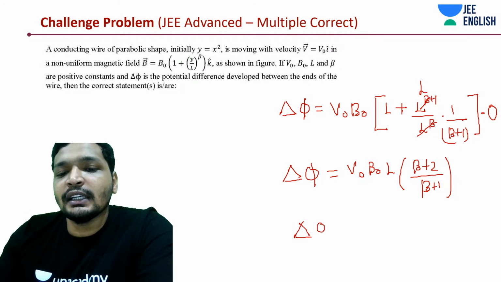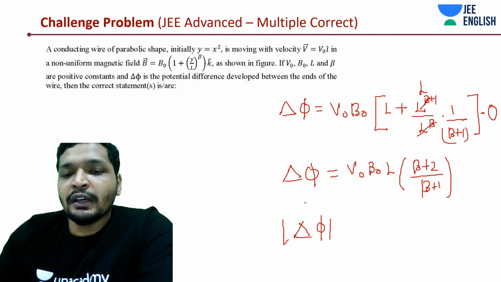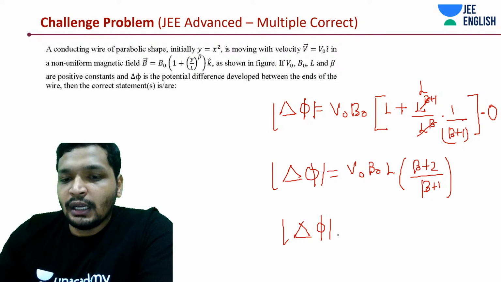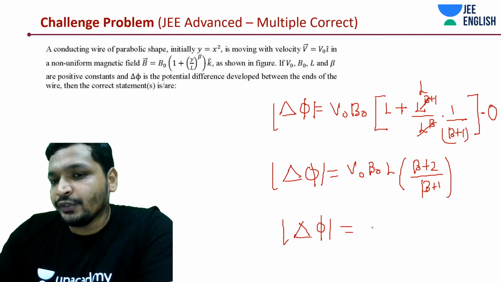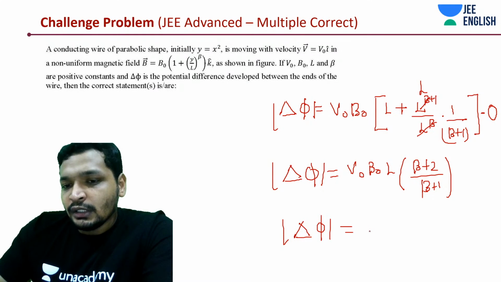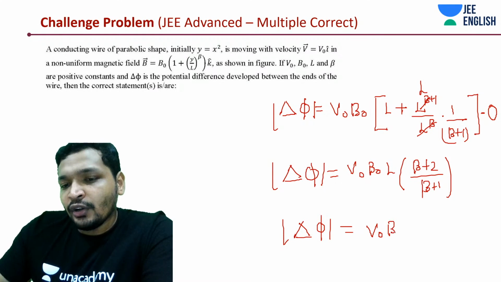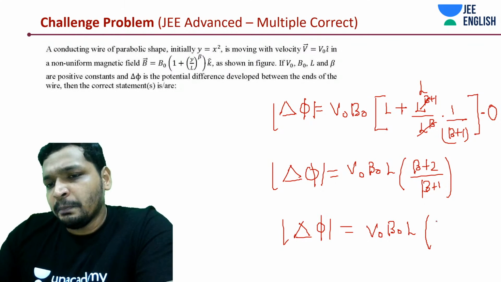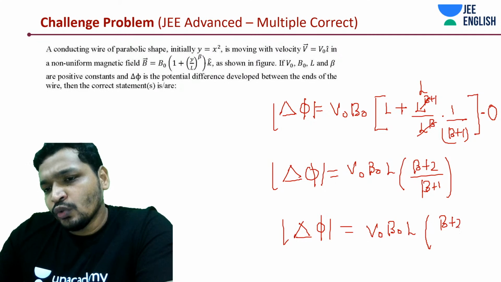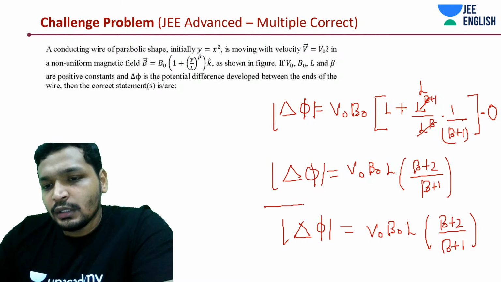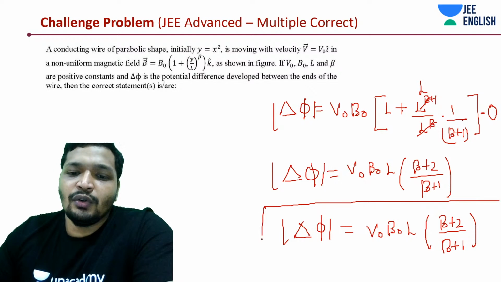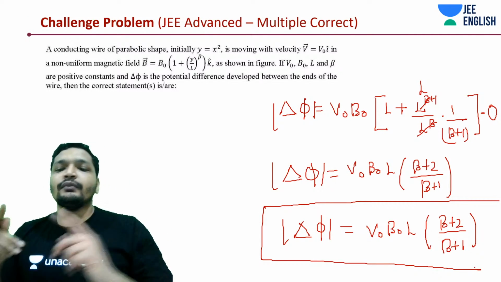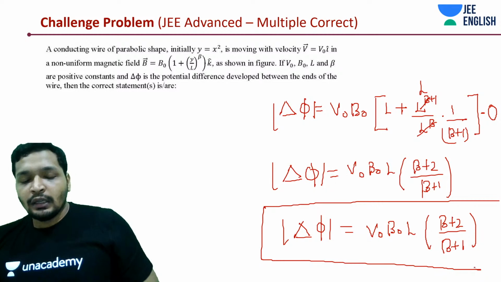Everywhere it's mod, just the magnitude, and del phi is anyway a magnitude, so don't worry about it. It's the EMF: V naught B naught L into beta plus 2 divided by beta plus 1. Simple one. Now what we need to do is read the question.